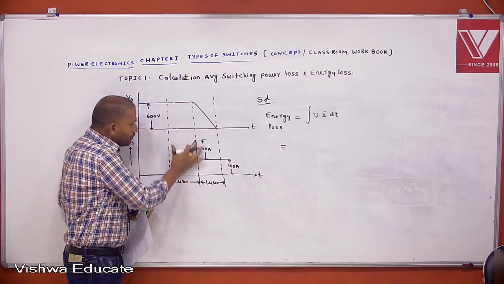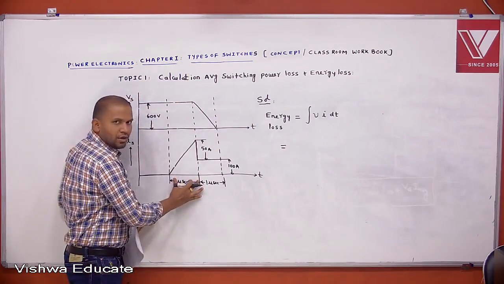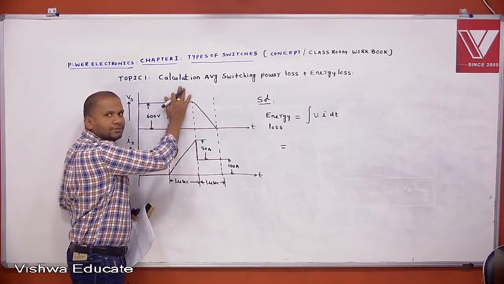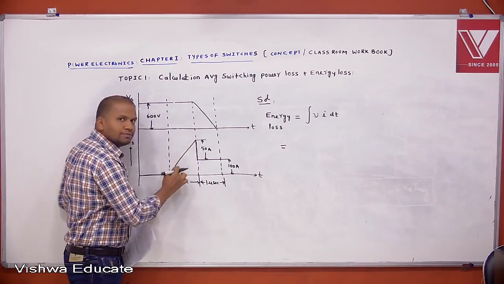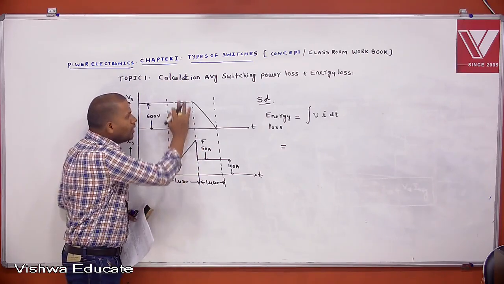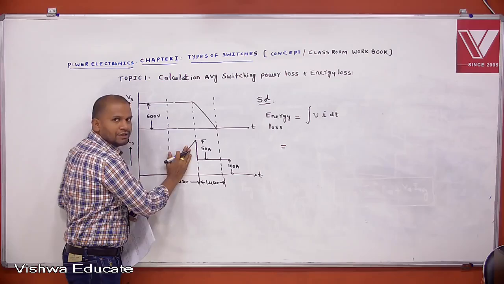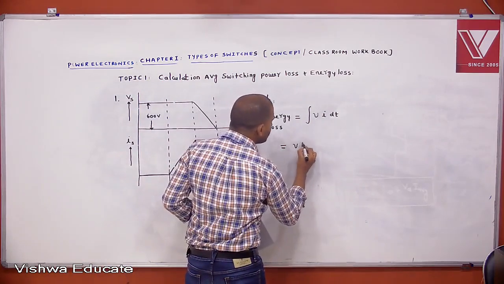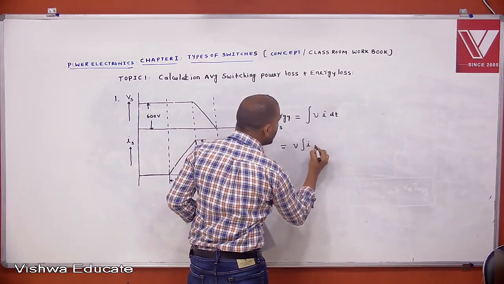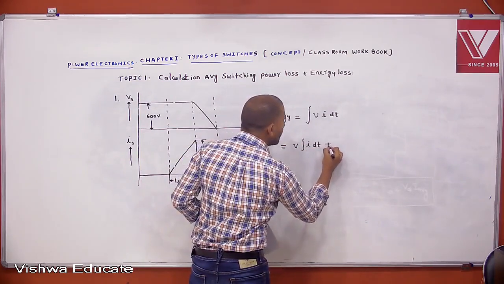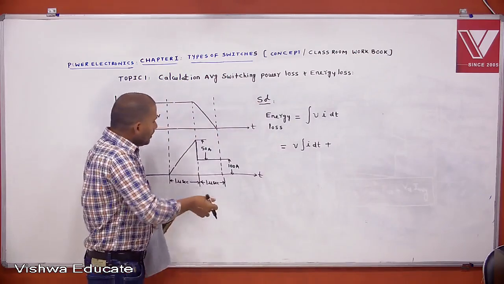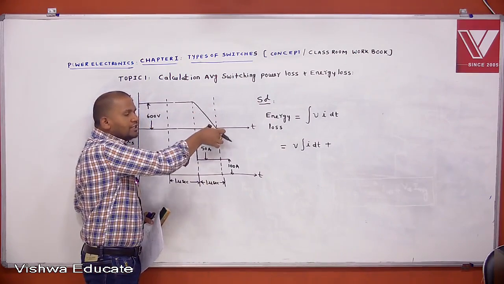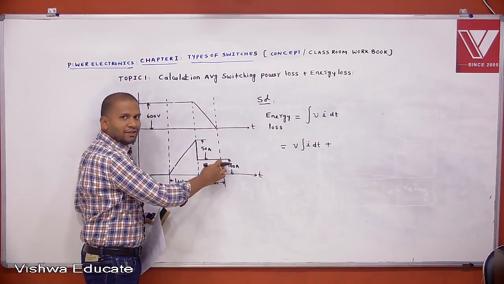In this 1 microsecond of time, voltage is constant, but current is changing. Yes or no? Can you write like this? V is constant, integral I dt, plus next 1 microsecond of time, voltage is changing, but current remains constant.